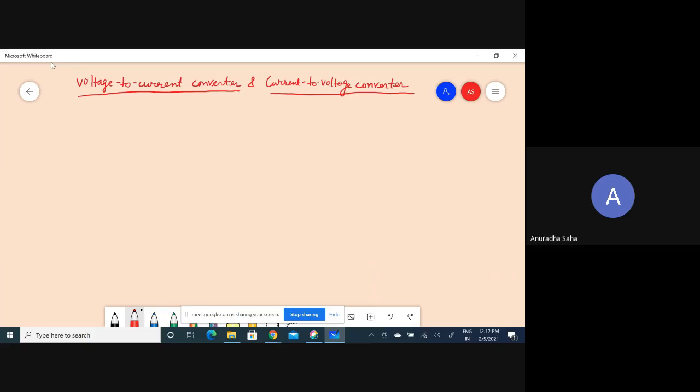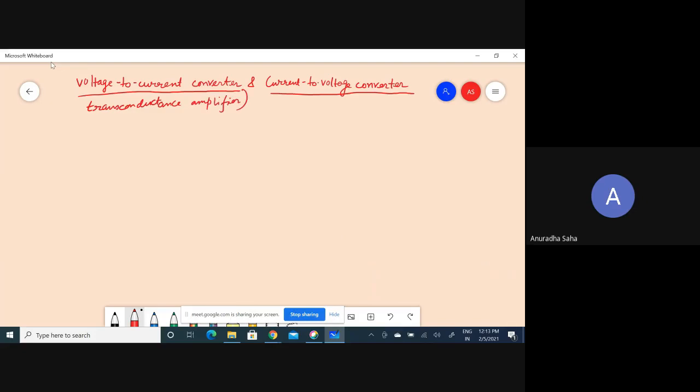First of all, I would like to share with you that these two converters have an additional distinct name. Sometimes you may not be directly told to describe the voltage to current converter, but may be asked to give a brief description of the transconductance amplifier.